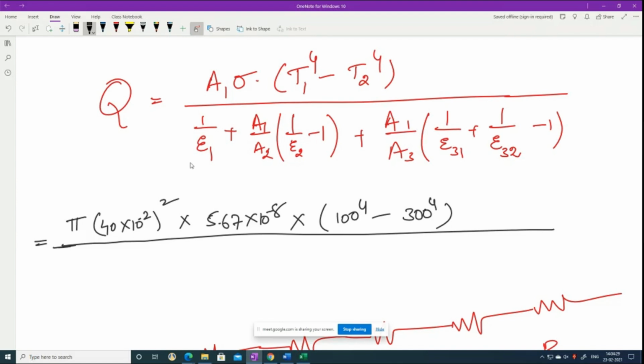0.15. 1 by 0.15 plus, what is the area 1?